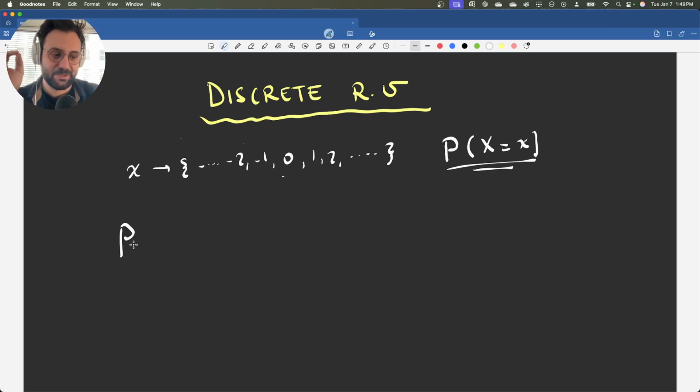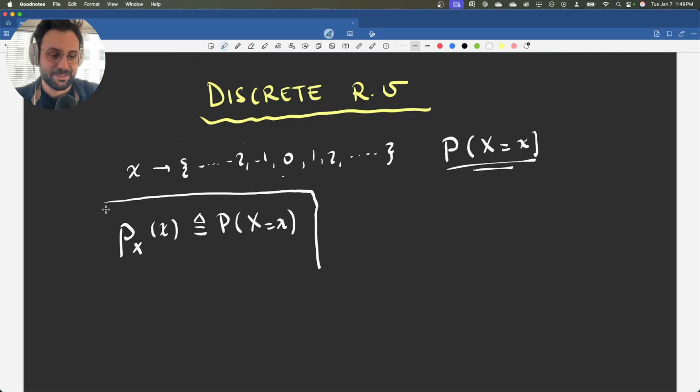This p will have the subscript capital X, and its argument is going to be lowercase x, keeping in memory the probability of capital X taking the value little x. So this function will hold the probabilities of each and every one of these x's.